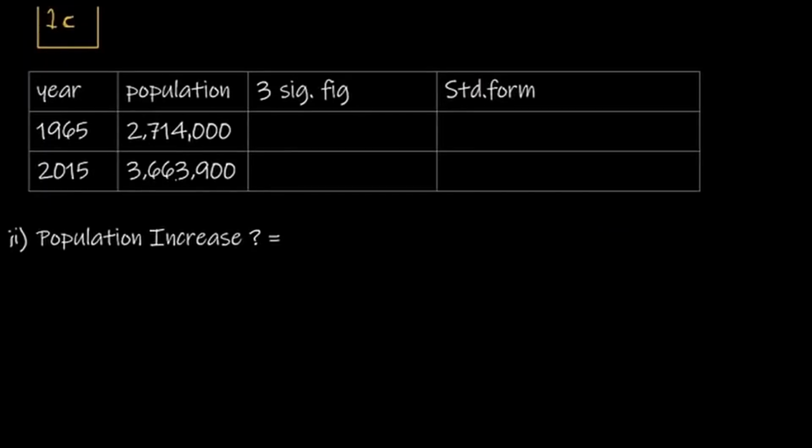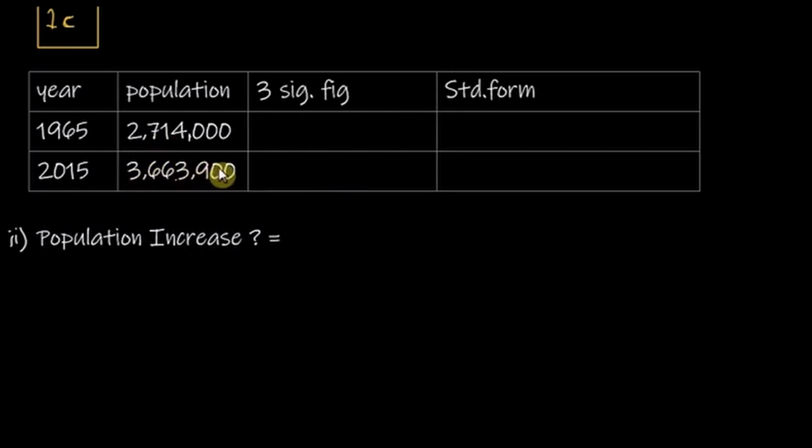Okay, so for 1C, here we have a country A with a population of 2.714 million in 1965. In 2015, that population is 3.6639 million. So the first question, 1A, is asking to write the population in 2015 to 3 significant figures.